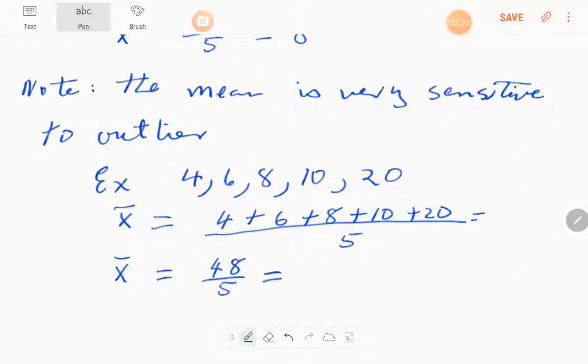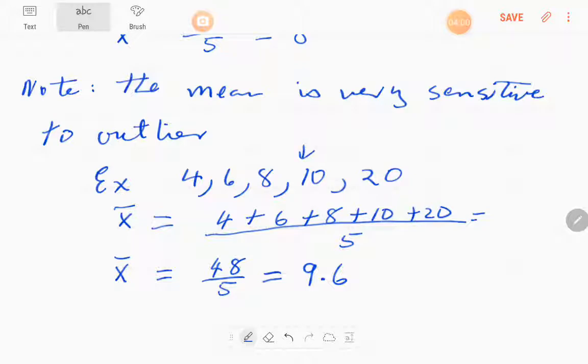Now this becomes 9.6. Okay, so if you see where the mean lands, it's almost here now, right?